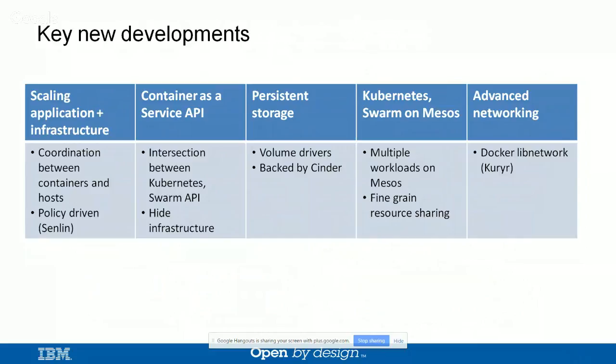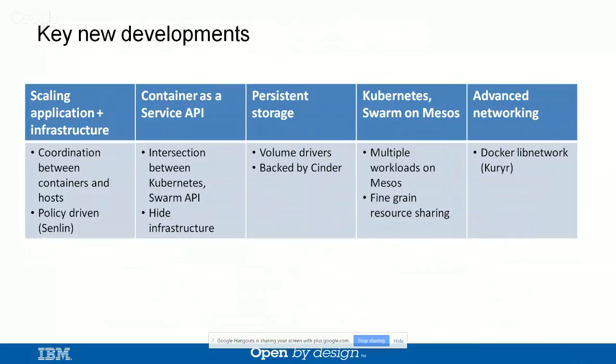The second column there shows container as a service, and this is where we try to provide true container as a service from Magnum. Right now, a user would have to work with the infrastructure, meaning that we have to create a bay first and then launch a container on top of the bay.